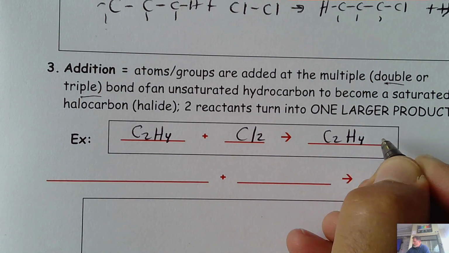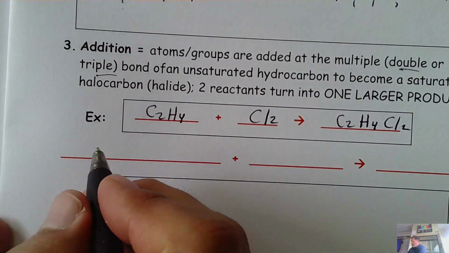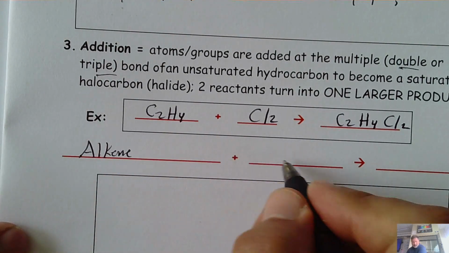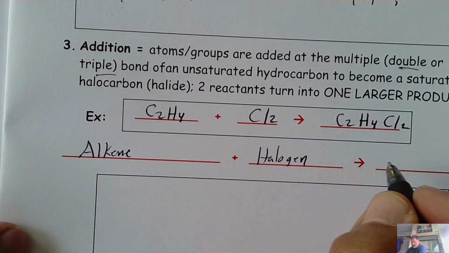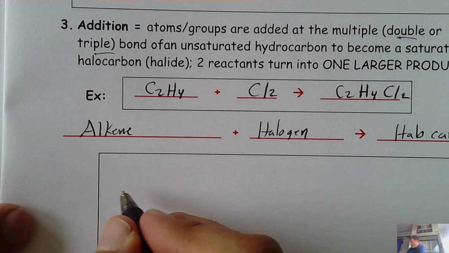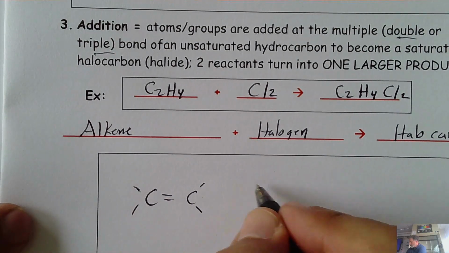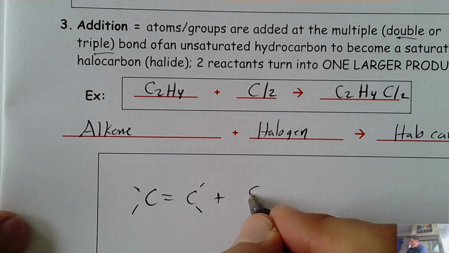C2H4Cl2. What happened there is you'll start with an alkene or an alkyne, and you add a halogen, and you'll end up with a halocarbon. So we'll have that double bonded alkene, and you're adding chlorine.